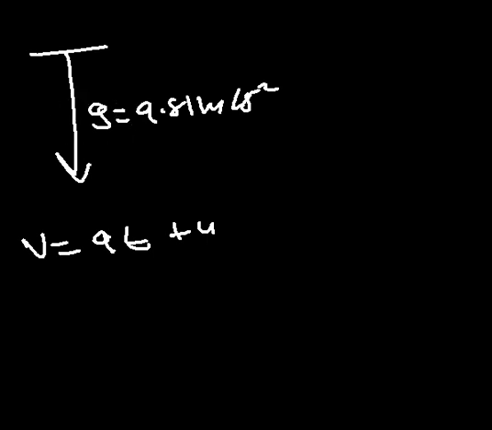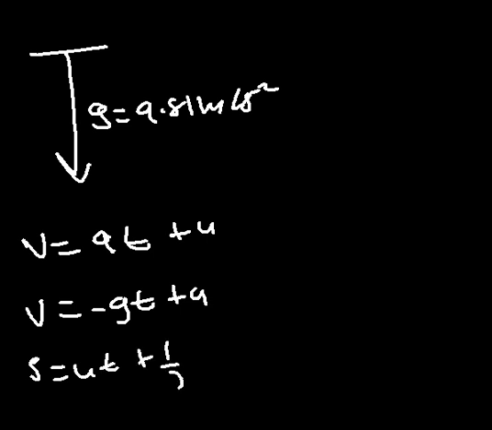So now we have v equals gt plus u, and also s equals ut plus half at squared. Since this is the vertical motion, we now have this one as this.